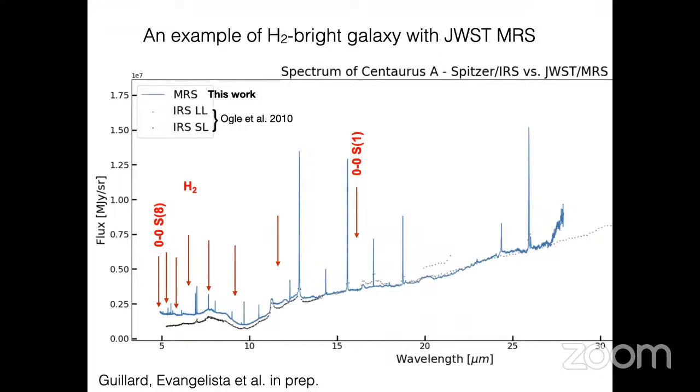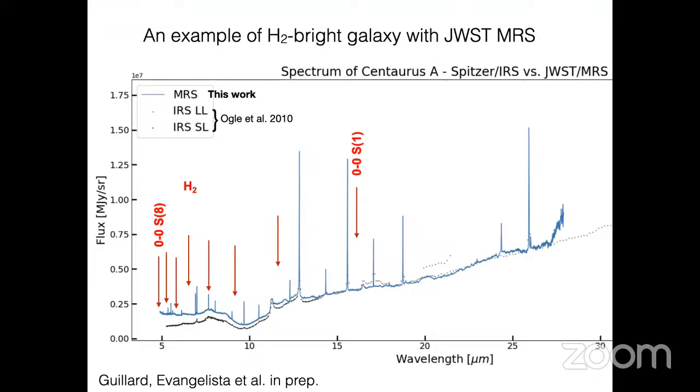So now with James Webb, compared to Spitzer, this is one example. This is Centaurus-A. A study where we got nearly time to map the central part of Centaurus-A, a very famous radio galaxy. And you see the spectrum is basically dominated by H2. So this is very spectacular.